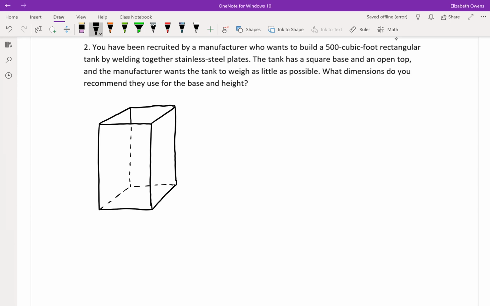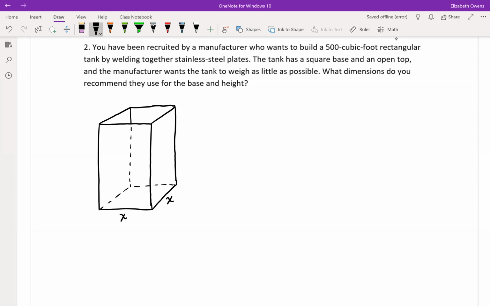And we also want to introduce our variables and label different components of this tank. Generally for a tank like this, or a rectangular prism, we have dimensions of length, width, and height. We can label those since this tank has a square base. This dimension and this dimension are going to be the same, so let's call those X for the base.